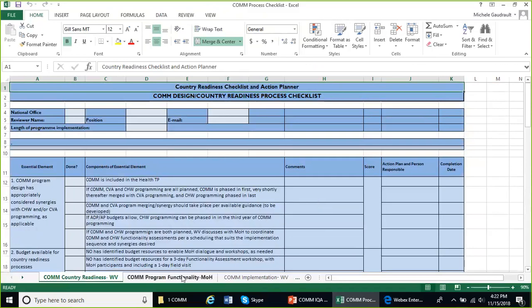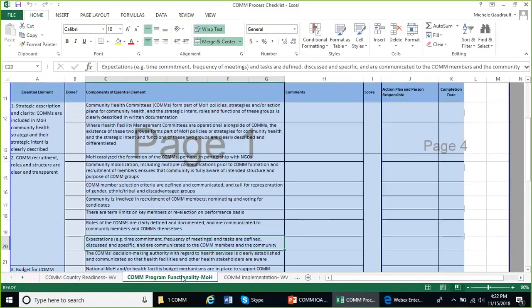The second tab is the functionality assessment, as I said, or in other words, the elements or the components of the Community Health Committee program that you would hope that the Ministry of Health would have set up.